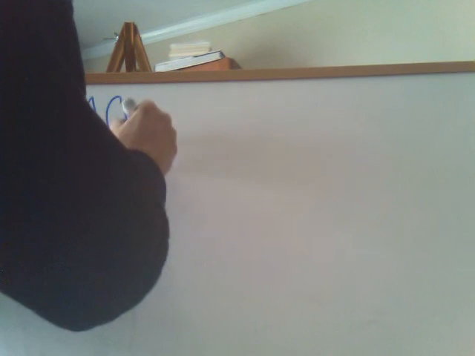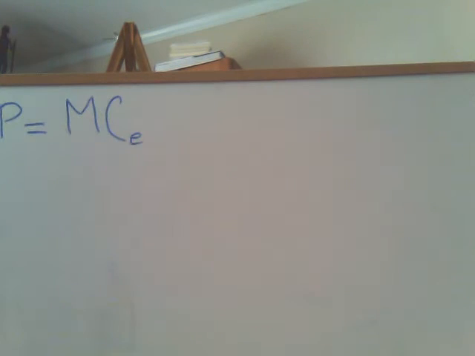We're gonna say, as we have said before, but let us just put it over here, that the price is equal to the marginal cost of extraction plus the rent.